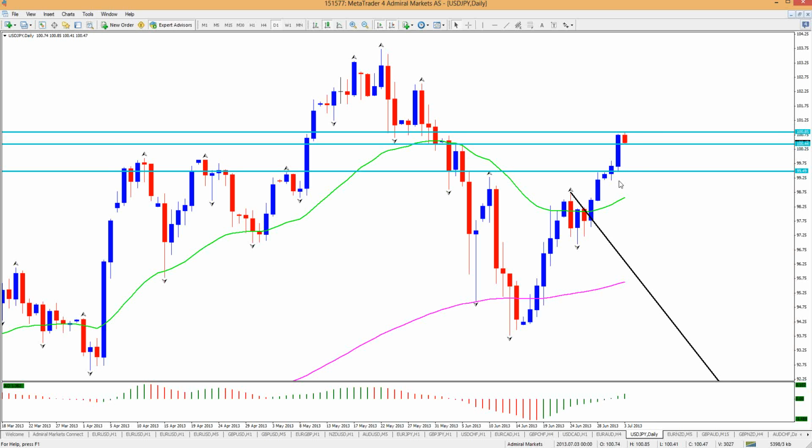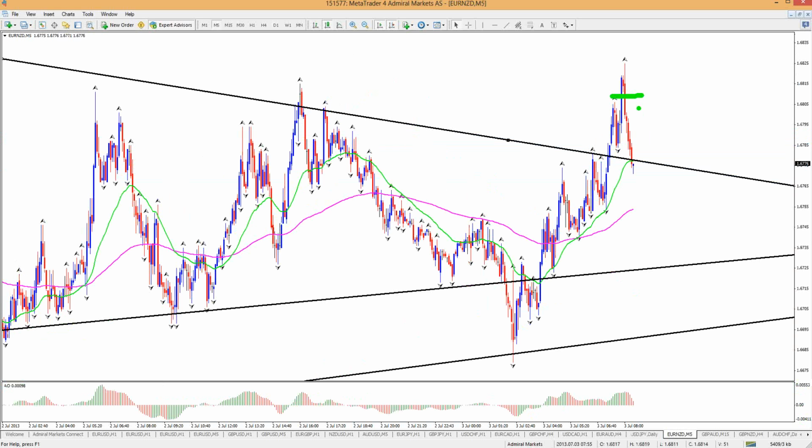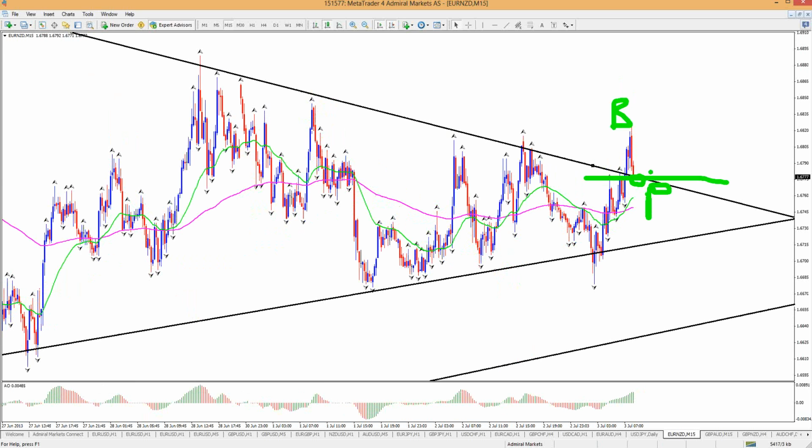Making a bigger retrace. See, that's why that break wouldn't have worked that well, would it? It will probably bounce here. It could be actually a good retracement. This could be the bigger break, pullback, continuation.